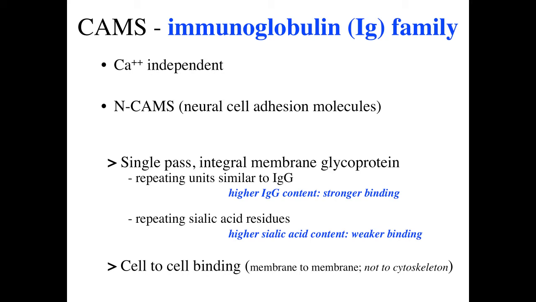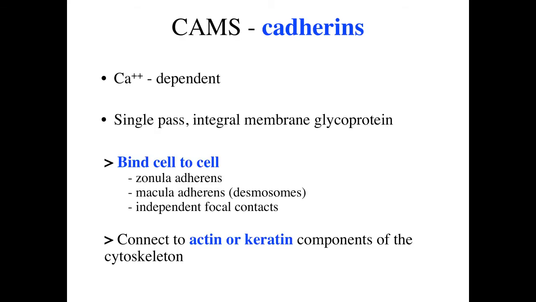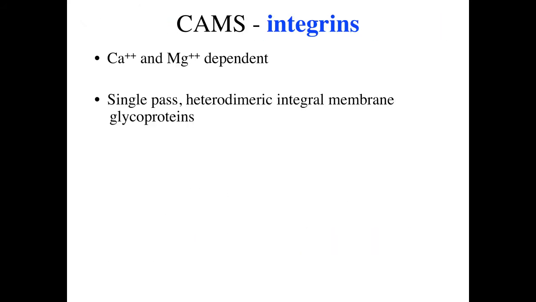These cell adhesion molecules cause cell-to-cell binding, but they cause weak binding, so they're just binding cell membrane to cell membrane. There's no cytoskeletal interaction, so this is a weaker type of interaction, as opposed to the cadherins, which, because the cadherins are binding the cell membranes to the cytoskeleton, a much stronger type of interaction.